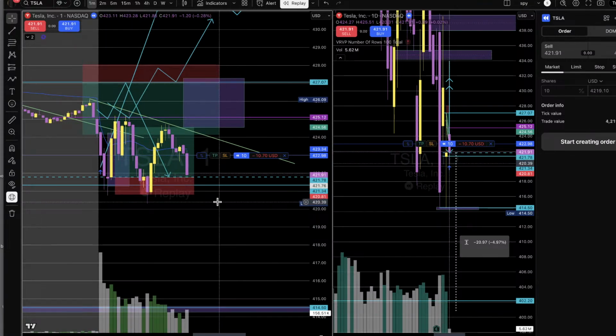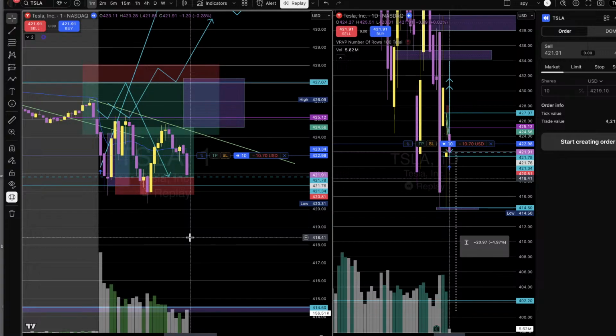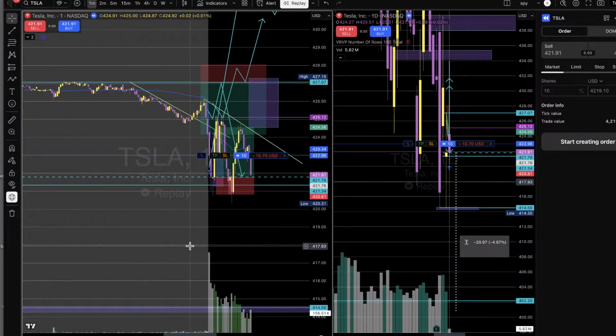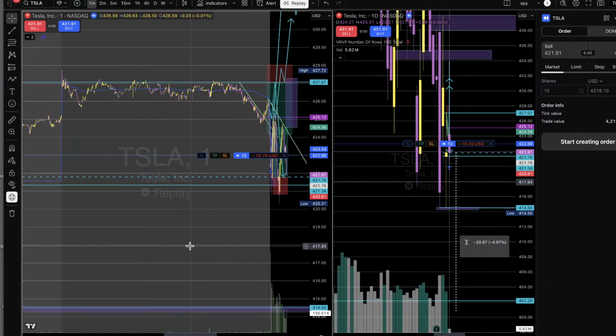Look at all this mess. I can't even make anything up here. I'm trying to invent a trade out of my butt. Yeah, this is a mess. This is probably not a day to be trading.